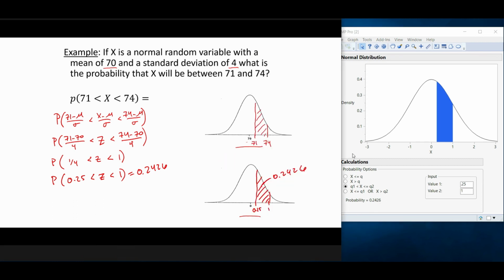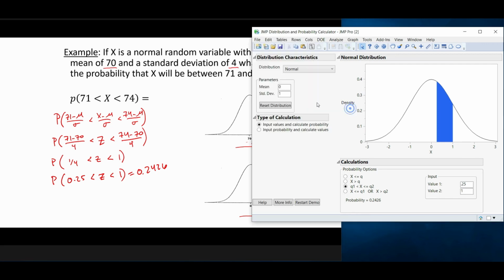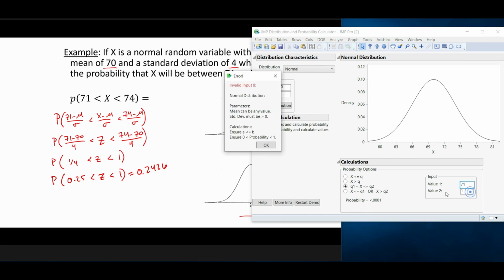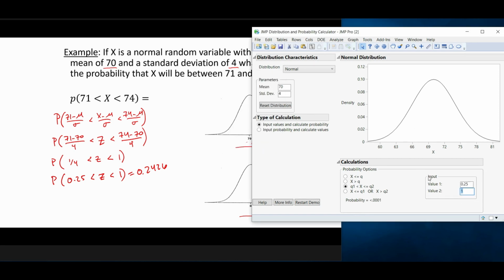Okay, now let's check and give it the normal distribution that it came from, because we didn't need to standardize this with the software we're using. We can put in a mean of 70, standard deviation of 4. And then for our points now, we'll put in just the original values. So 71 as the lower value.